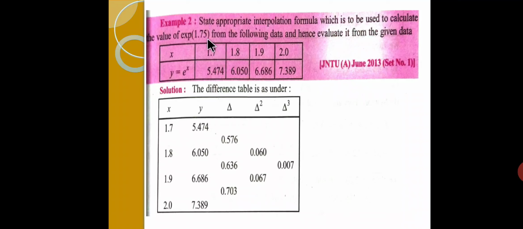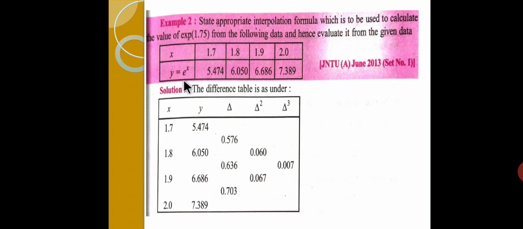In this problem, we have to find exponential of 1.75, which lies between 1.7 and 1.8. Newton's forward difference formula is applied when the required point is close to the starting of the tabular values.